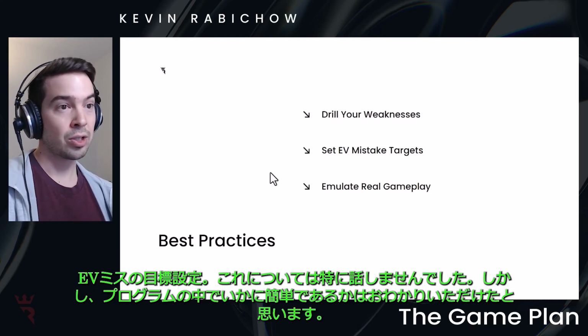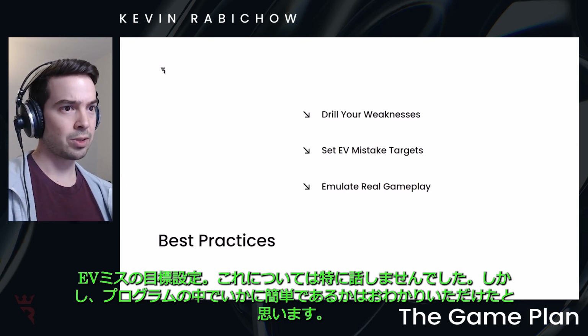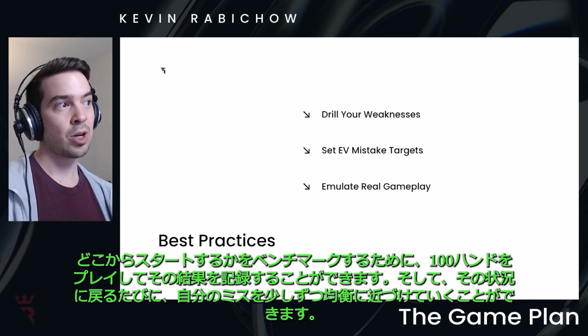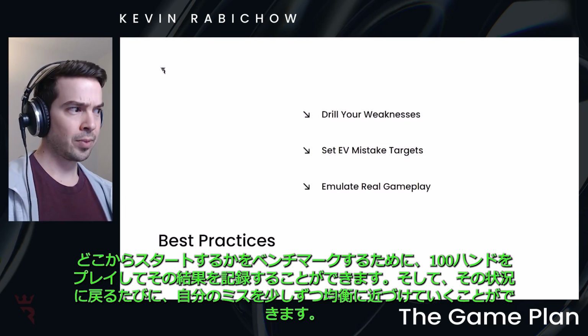Setting EV mistake targets. I didn't talk about this specifically, but you could see how easy it is in the program to benchmark where you're starting from. You could play 100 hands and log your results to benchmark a starting point. And then every time you come back to that situation, you can try and edge your mistakes a little bit closer to equilibrium.